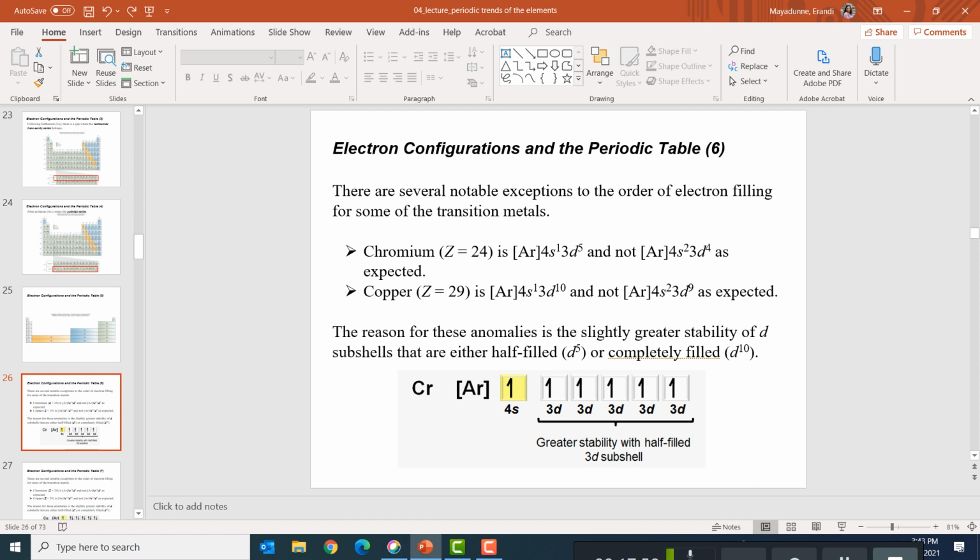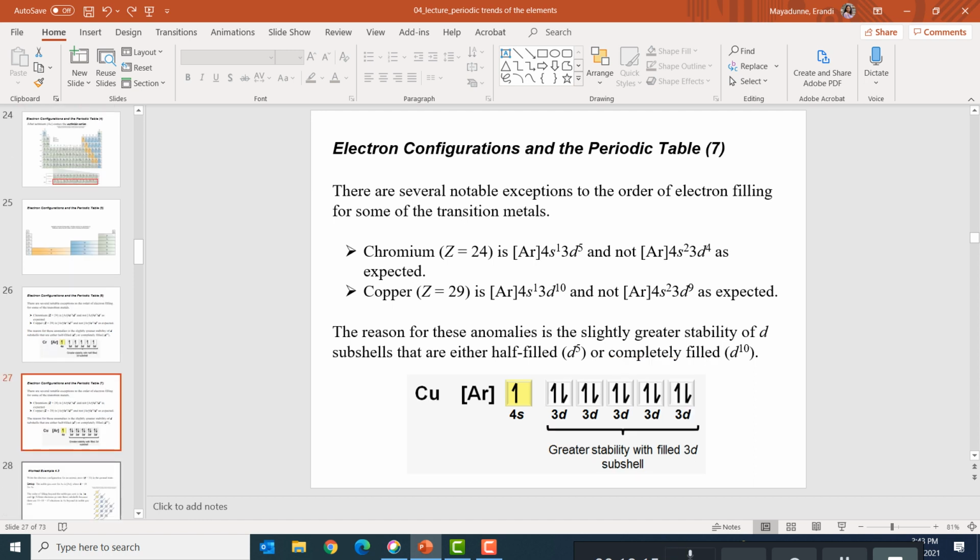D is a very big orbital, so they like to be at least half filled. In order to be half filled, the d takes 1 from s, so it's at least half filled. The half filled orbital has a greater stability. So the correct way of writing the chromium electron configuration is argon 4s1, 3d5.